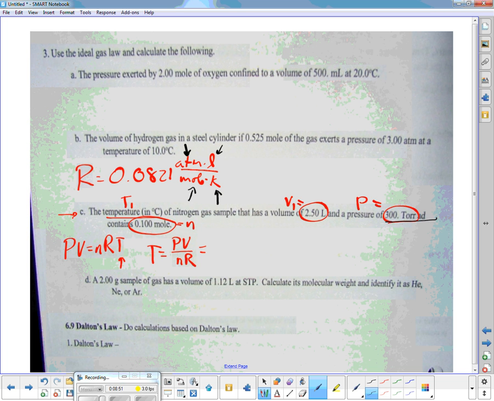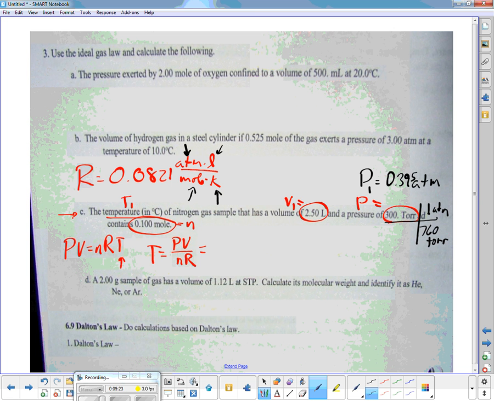To get it in atmospheres, I need to divide by 760 torr and times by 1 atmosphere. So let's find out what the pressure in atmospheres is. Should be like 0.4 something. Somebody throw that through and give me 3 sig figs. 0.395. Okay, so now I can plug in.